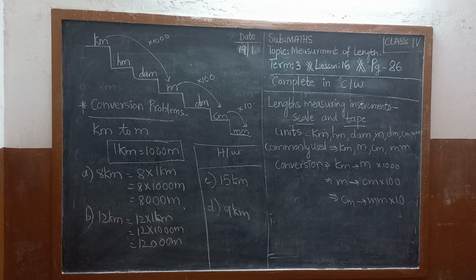So length measures are in meters. Commonly we use meters, kilometers, centimeters, millimeters. Kilometers are used to measure the largest distances, such as Hyderabad to Pune, or Hyderabad to Delhi.